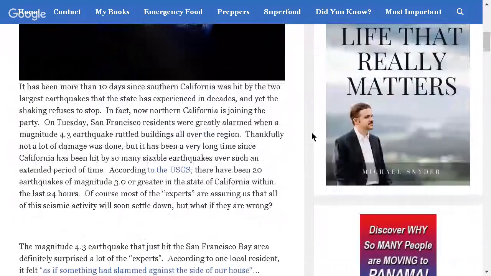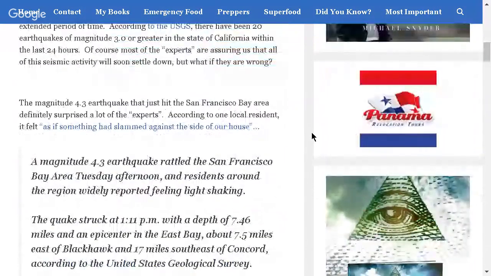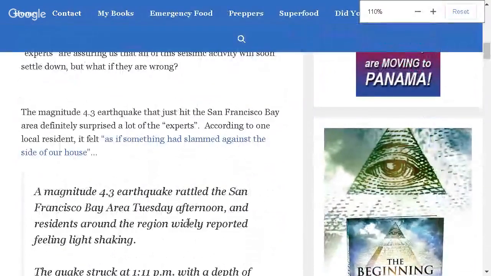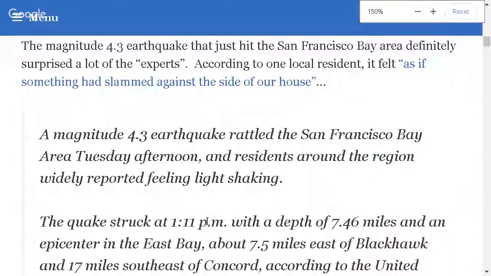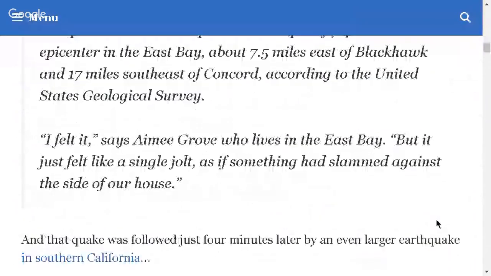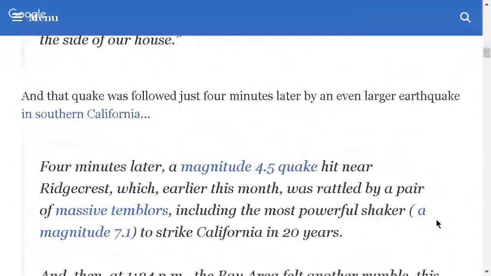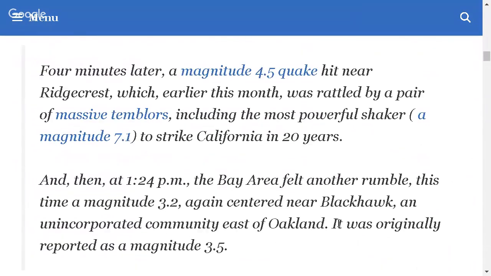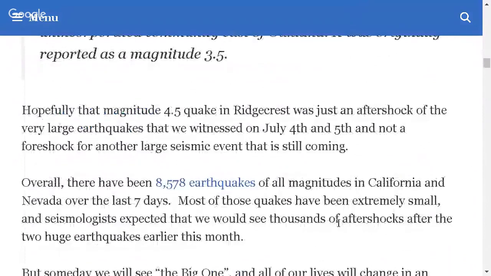Anyway, California has experienced thousands and thousands of quakes following that 7+ magnitude quake, which occurred right underneath the China Lake Naval Weapons Test Facility. We've been seeing quakes farther north. Anyway, links to this article are in the description.